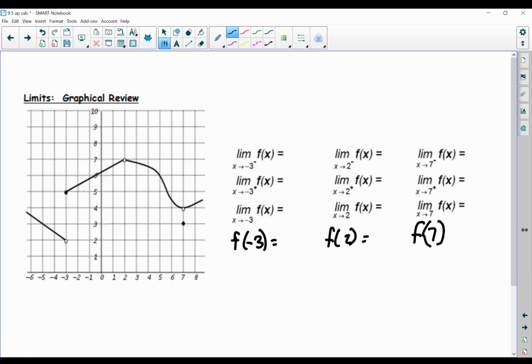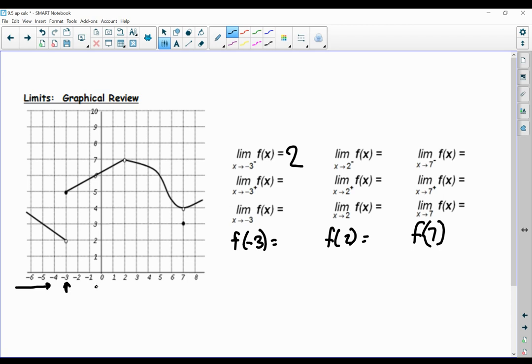If you didn't pause, now it sounds really goofy. The limit as x approaches negative 3 from the left. Remember that little negative after the number means from that direction, or from the negative side. If I look at x equals negative 3 and follow along the function from the left-hand side, getting close, I look like I'm approaching a height of 2.